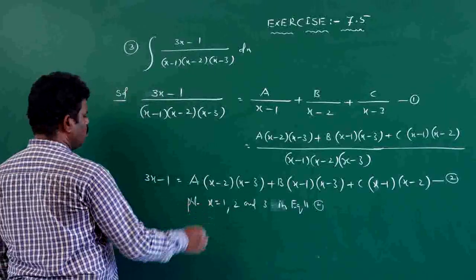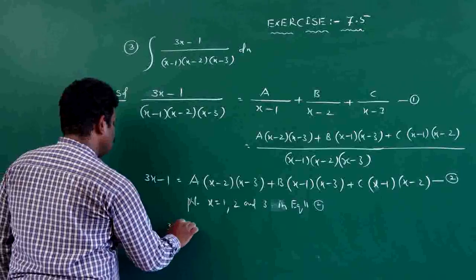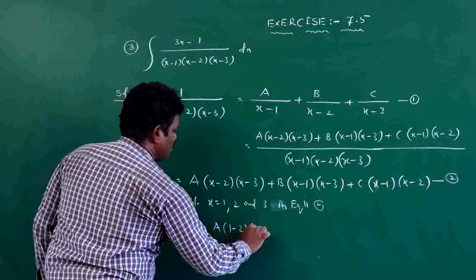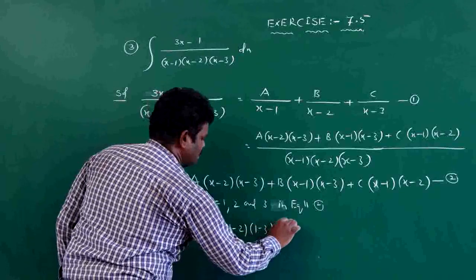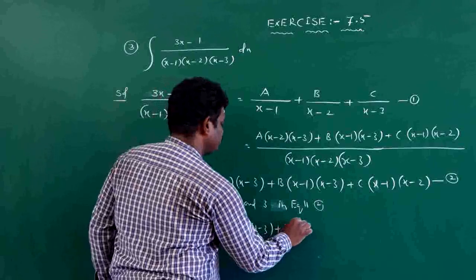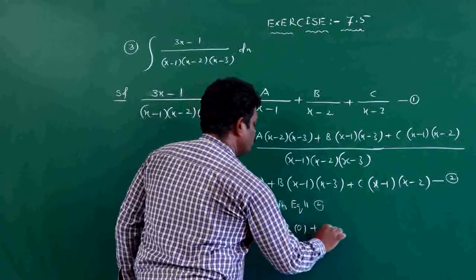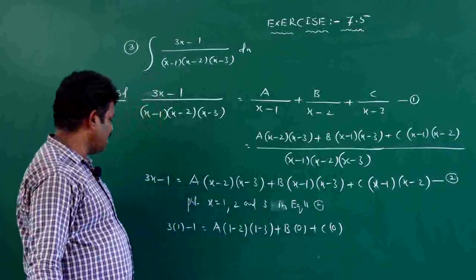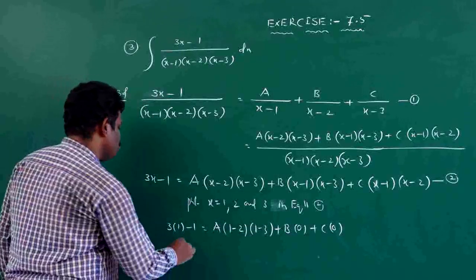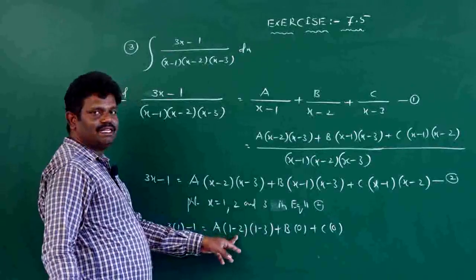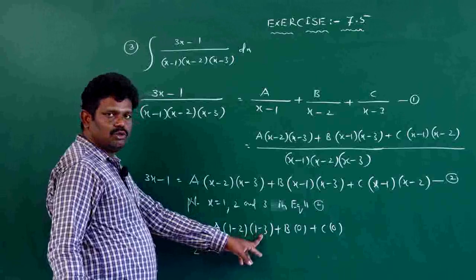So put x is equal to 1. Then 3 into 1 minus 1 is equal to a into 1 minus 2, 1 minus 3, plus b into 1 minus 1, which is 0, plus c into this value, which is also 0. The b value is 0, the c value is 0. Next, 3 minus 1 is 2. So 2 is equal to a into minus 1 into minus 2, which is plus 2.